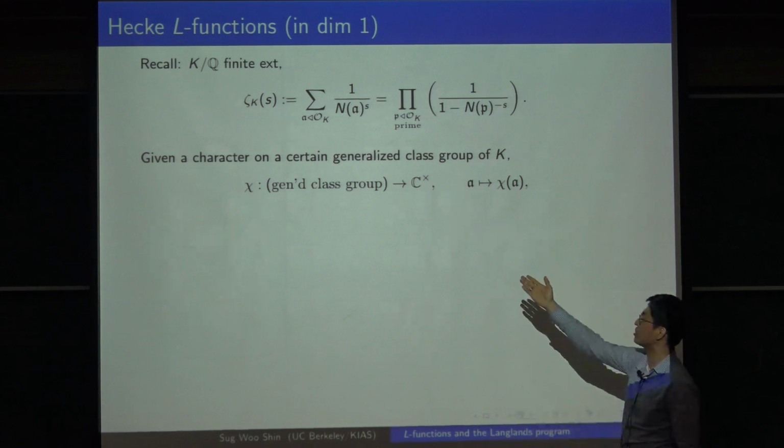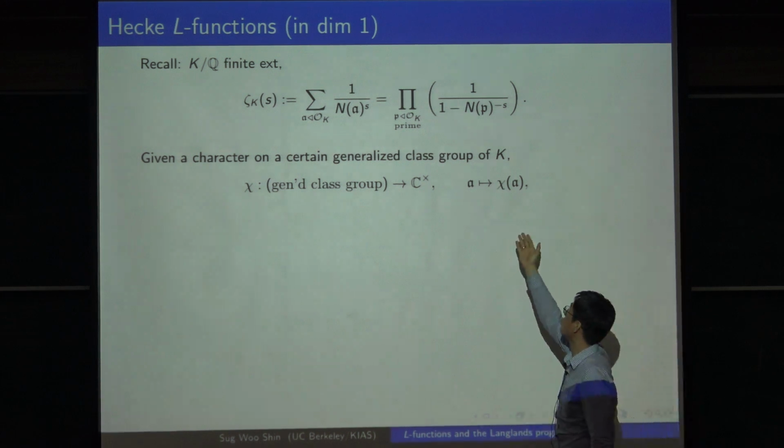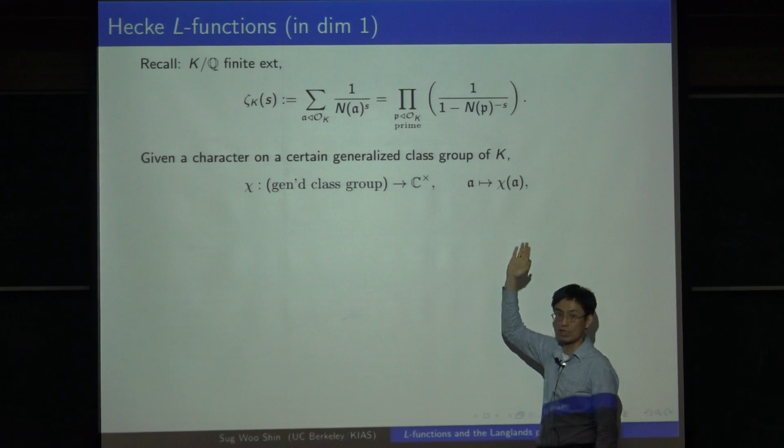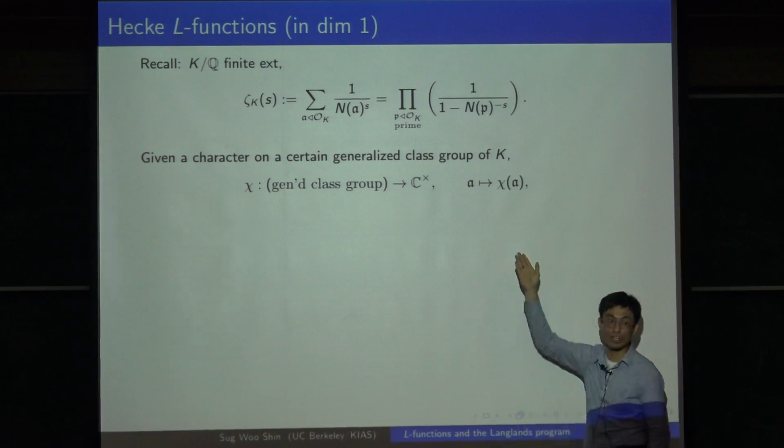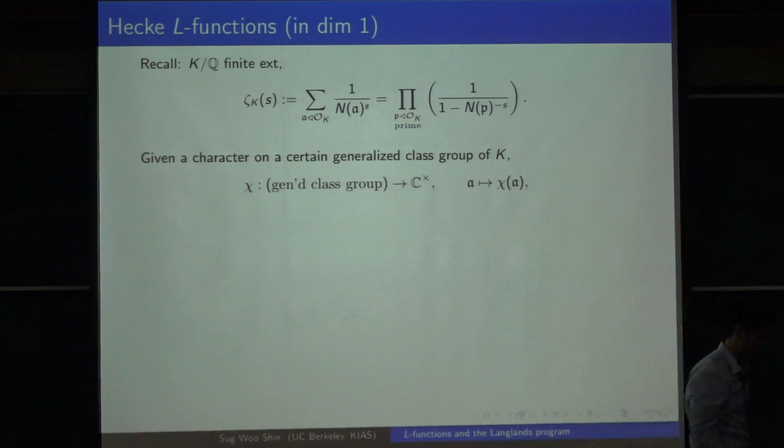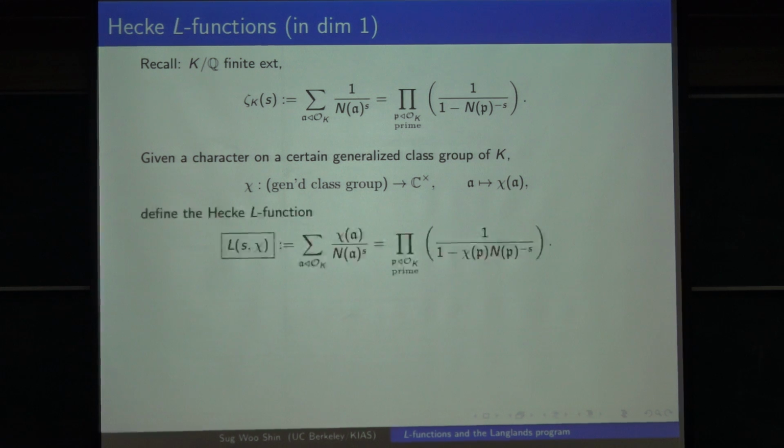If you don't want to think of what this is, then it's just a way to associate some non-zero complex number to each ideal A, but in some multiplicative way. So don't worry about the definition of generalized class group if you're not familiar.